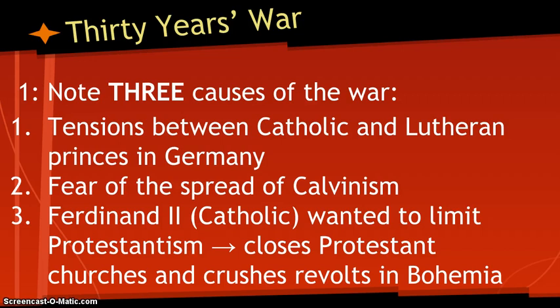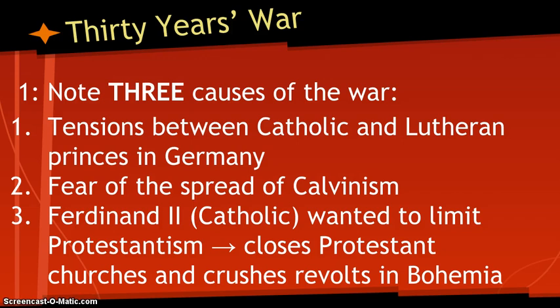Finally, a third reason is that Ferdinand II, who was a Catholic, the Habsburg ruler of Austria, wanted to limit Protestantism. One of the things that he did was he started to close down Protestant churches in Bohemia. Now, there's a huge revolt against this.